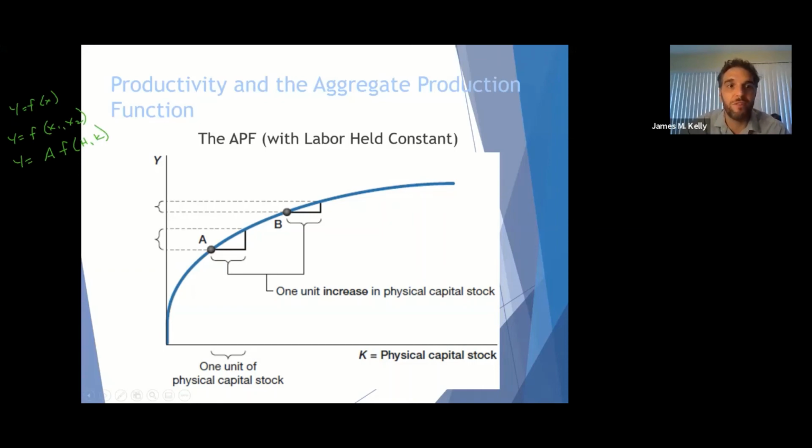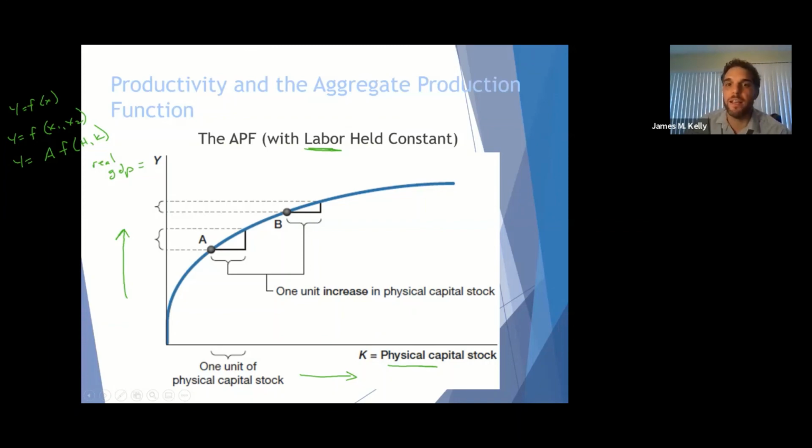But to measure this, because we have these two independent variables, we've got to hold one of these variables constant. So the amount of labor in this case is held constant. The number of people working is held constant. And what we're mapping is how much output, Y, real GDP, changes given an increase in physical capital.